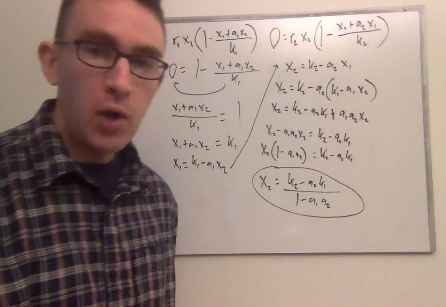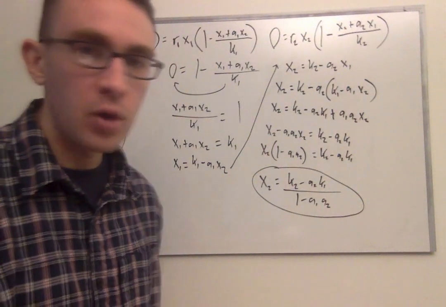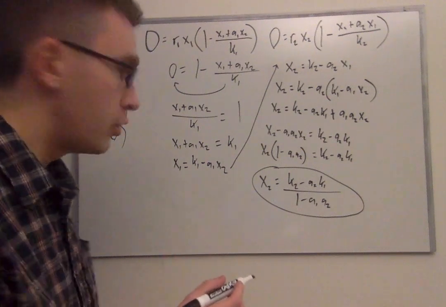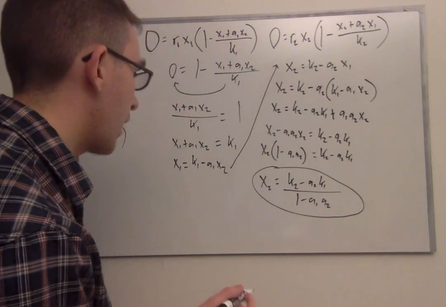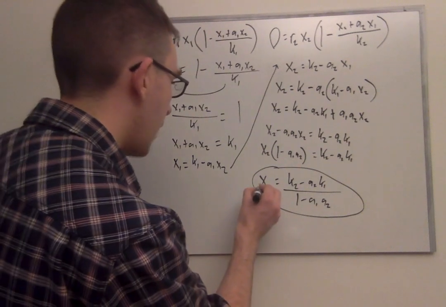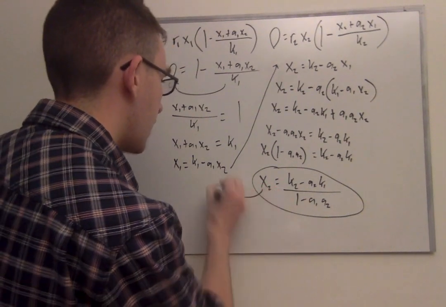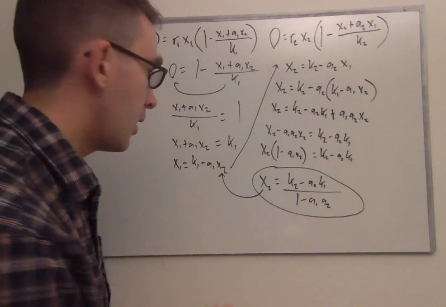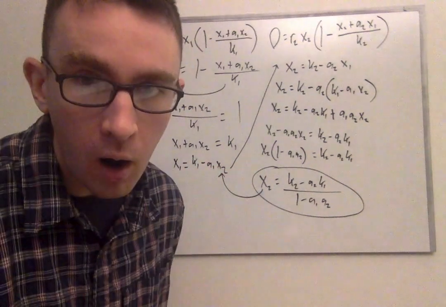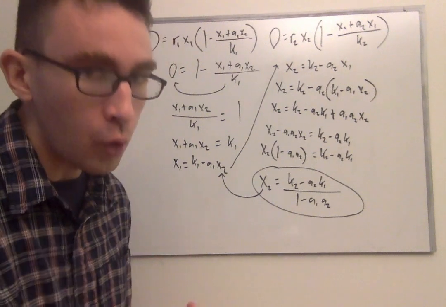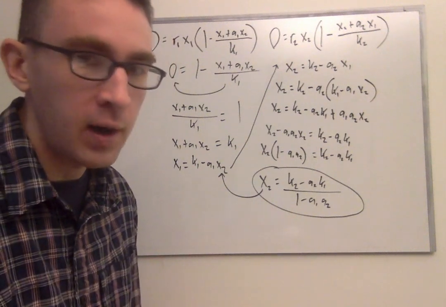If you have time and you want to do the algebra, to solve for x1 you would take this value and plug it back in here, and then compute out what this gives you for x1. But I'm not going to do that on the board because that would be a lot of algebra and I don't have space.